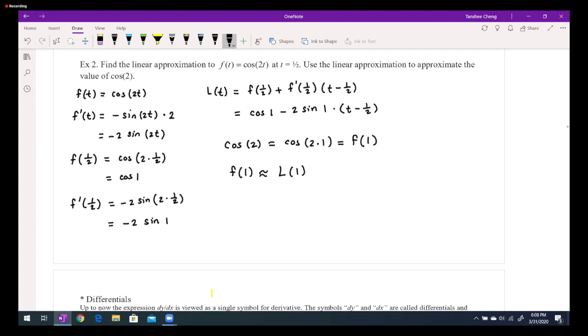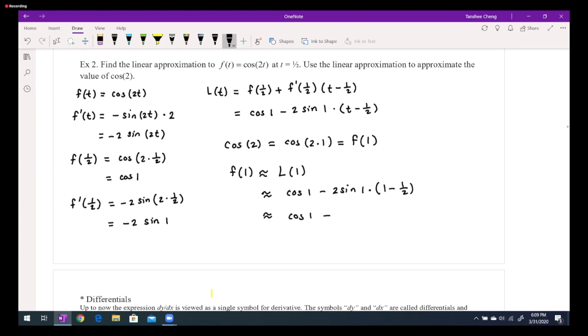So therefore, now I can compute this as cosine of 1 minus 2 times sine of 1 times 1 minus half. So which will give me approximately cosine of 1 minus, so 1 minus half is half.